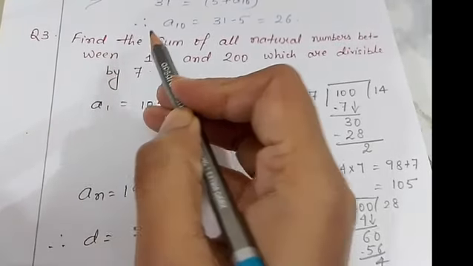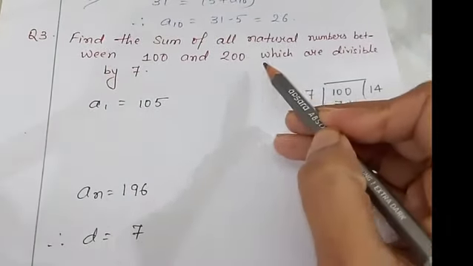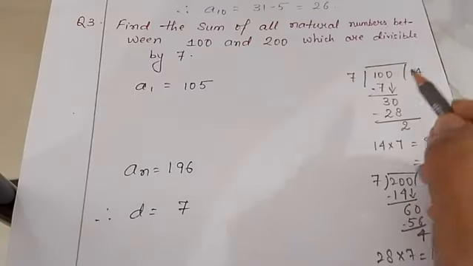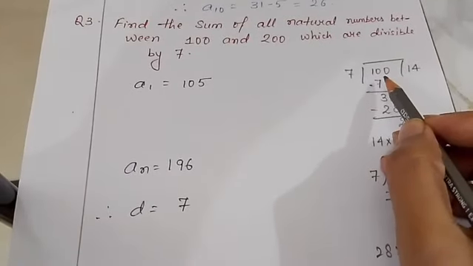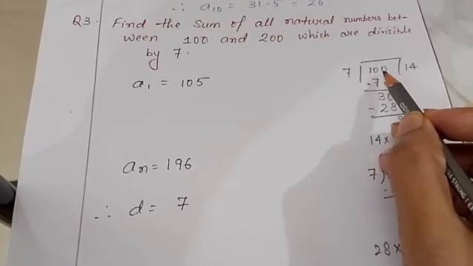Question number 3. Find the sum of all natural numbers between 100 and 200 which are divisible by 7. Find the first term greater than or equal to 100 divisible by 7.